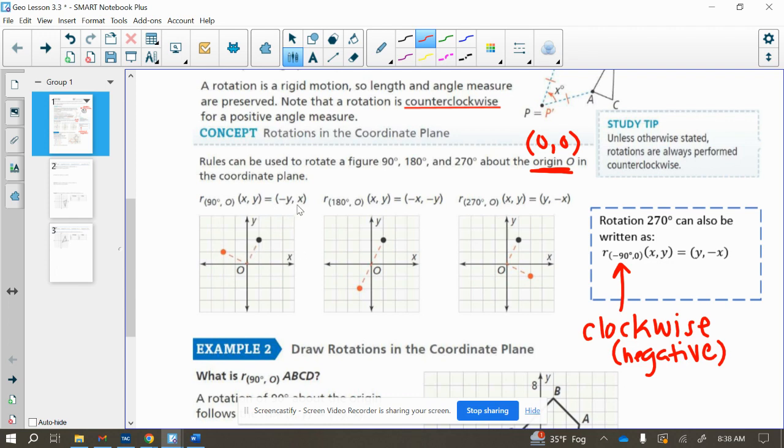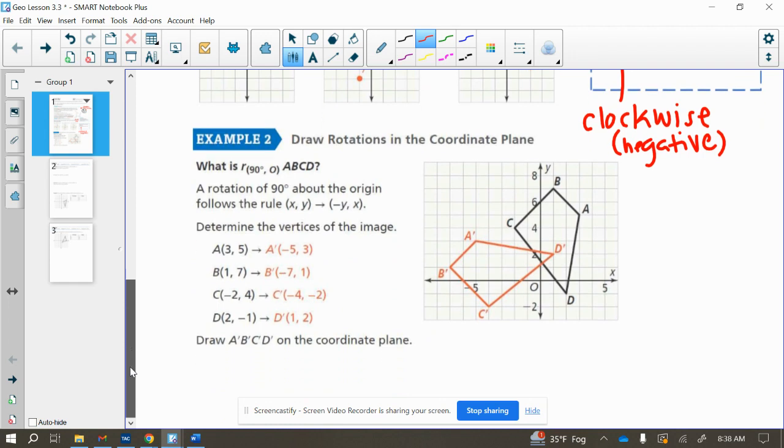So notice for a 90-degree rotation, we flip the X and the Y values, and whatever was your Y value now is negated. For a 180-degree rotation, they don't flip spots, but they do flip signs. So positives become negatives, negatives become positives. And then for 270, you will flip X and Y values and then negate whatever your original X value was.